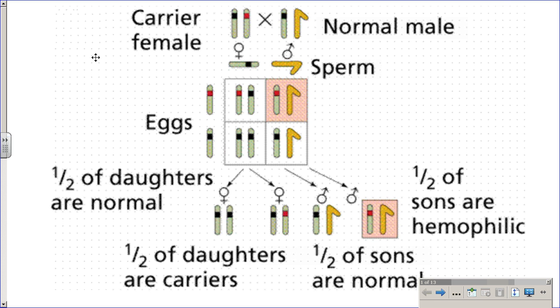So if I tell you that something is inherited on the X chromosome, and I have two X chromosomes, well, I've got two that could be giving me dominant traits or recessive traits. It kind of just depends. But a guy only has one X chromosome. What they get is what they get. They have no choice. Whatever they get on that chromosome, they absolutely have to show. It has to be expressed. So if you get a disease on that X chromosome, tough.